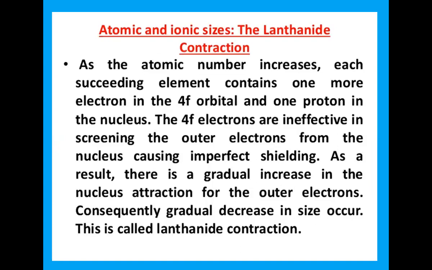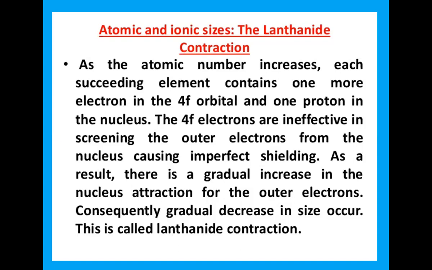But these 4f electrons are ineffective or less effective in forming a screen because of this imperfect shielding. As a result, there is a decrease in their size and an increase in the nuclear attraction towards the outer electrons, which is called lanthanide contraction.